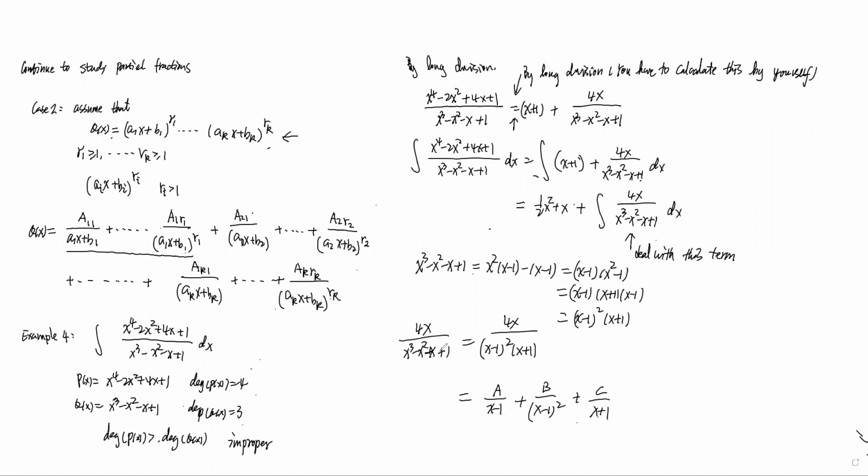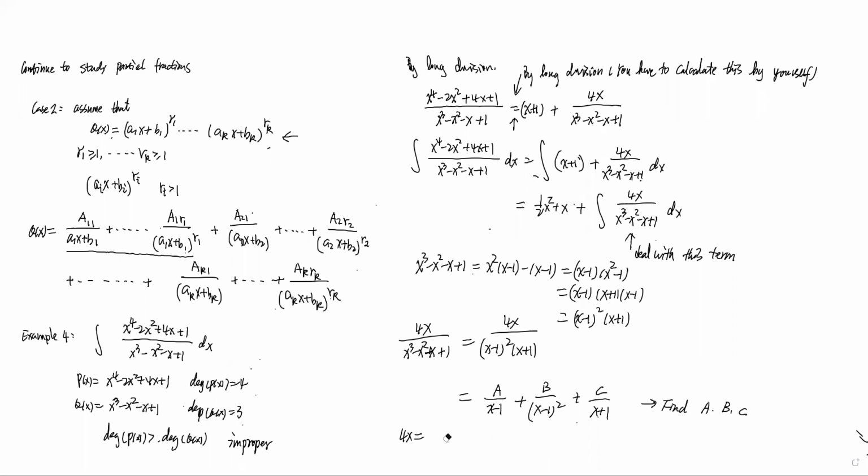Whenever we write our proper rational function in this format, the next step is to find A, B, C. So let's multiply by this term on both sides. So we have 4x equals A(x - 1)(x + 1) plus B(x + 1) plus C(x - 1)^2. Sorry, I think I made a mistake.